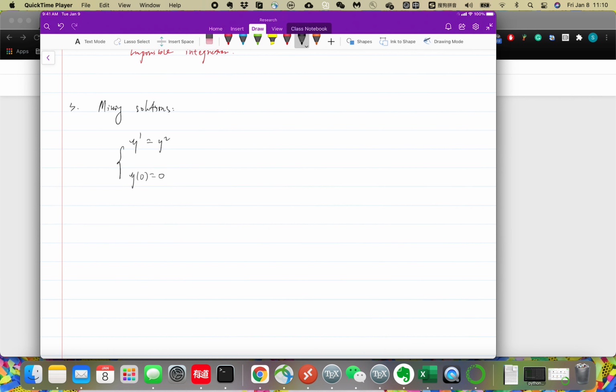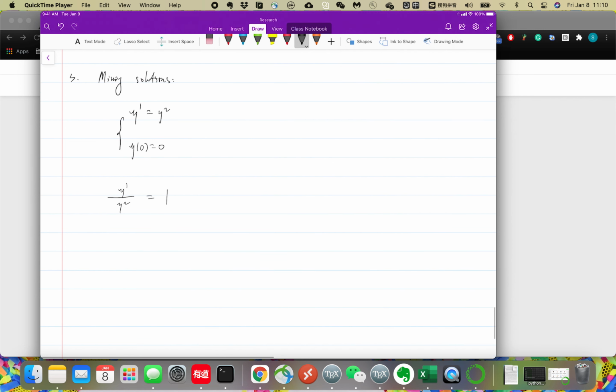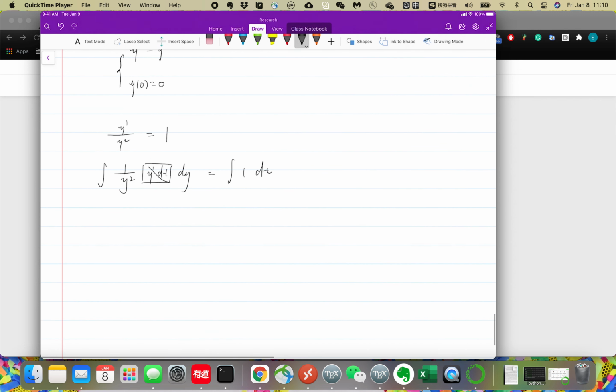Okay, how do you solve that? Well, separable. So y prime over y squared equals 1. 1 over y squared times y prime dt, let's give me dy, equals 1 dt. Integrating, t plus c equals negative 1 over y.